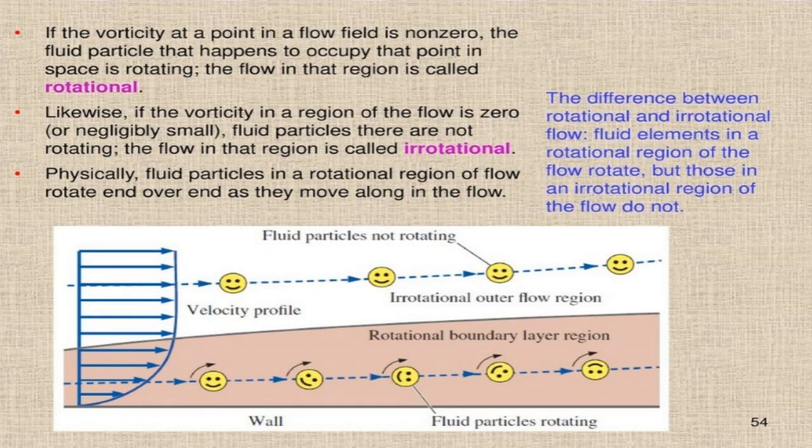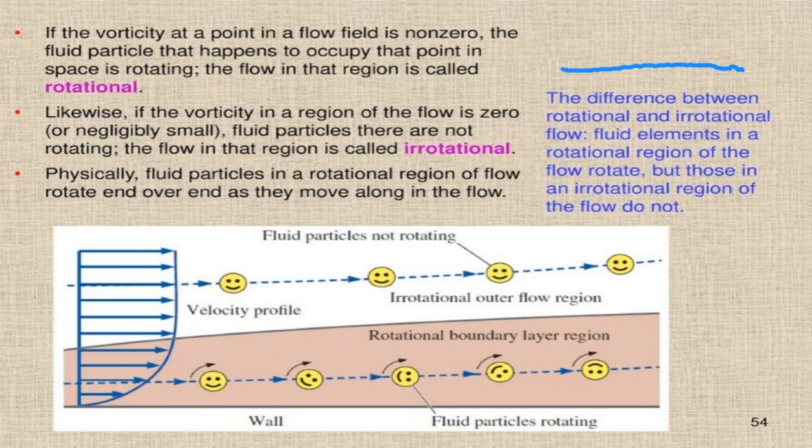On the other hand, if the fluid particles rotate as they move along the flow path, then this region is called rotational. I will come back to this explanation with the flow over a flat plane. Let's suppose that we have a flat plane like this, like the table, and assume that wind is blowing on the table.